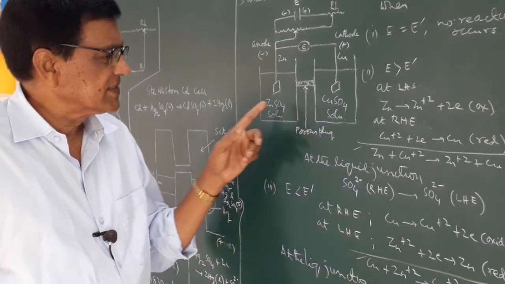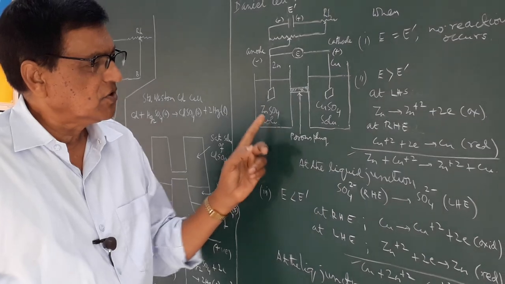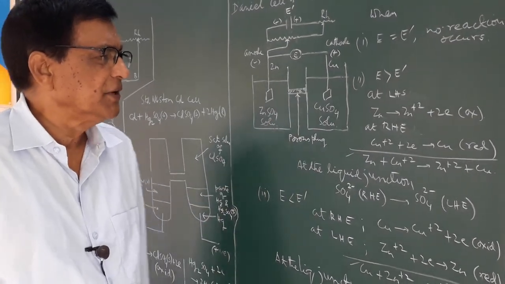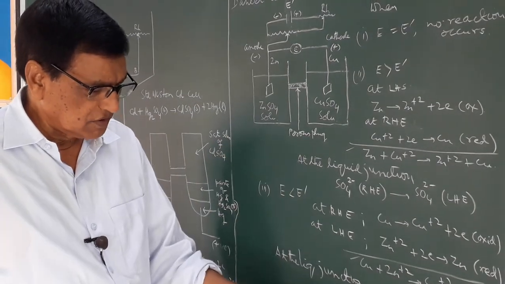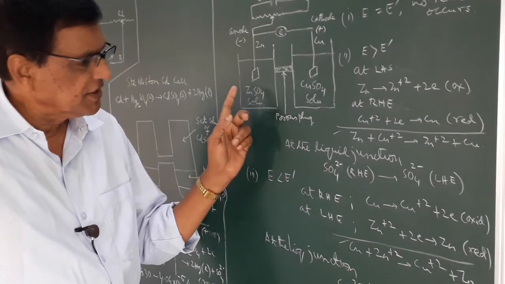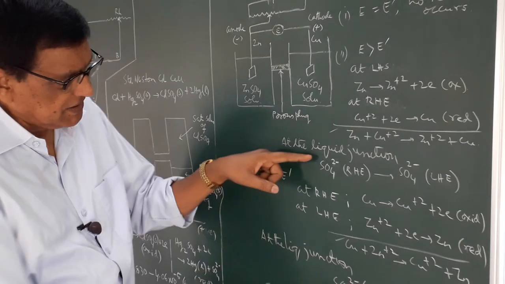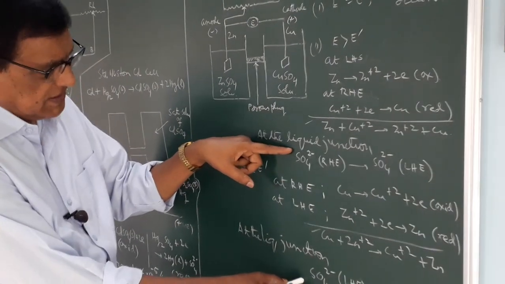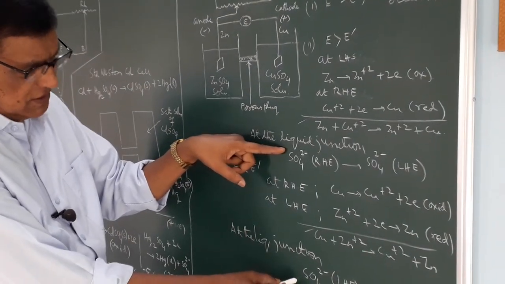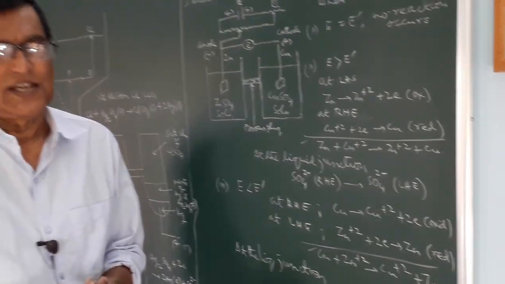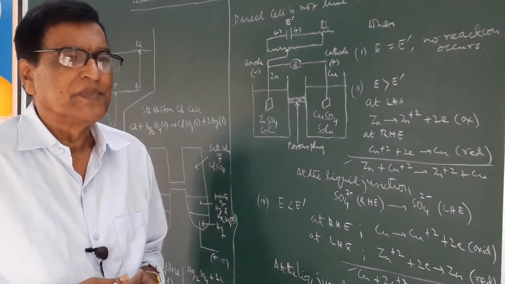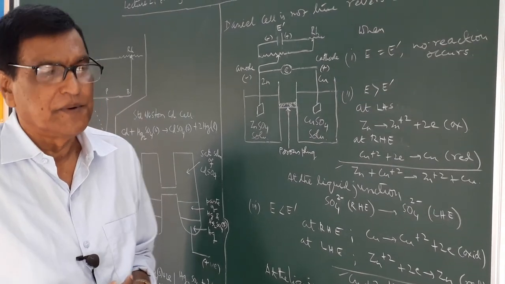So to make each half cell electrically neutral, the sulphate ion will move from the left hand side to the right hand side, and this transport through the liquid junction is not being reversed, and this is why it is called not a truly reversible cell.